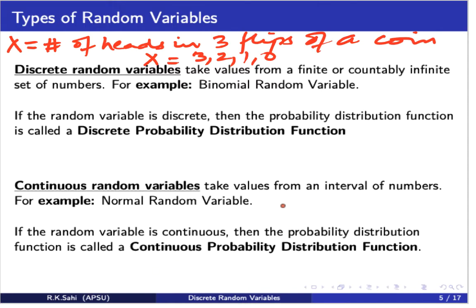A continuous random variable is a random variable which takes values in a given interval. An example would be a normal random variable. Let me give an example. Suppose you are a manager of a store and you would like to study how many people are checking out in the lanes, and you want there to be no backlog of people waiting to get their groceries.